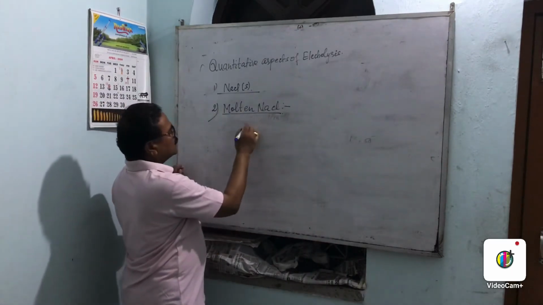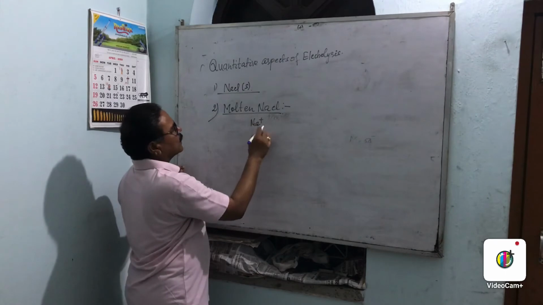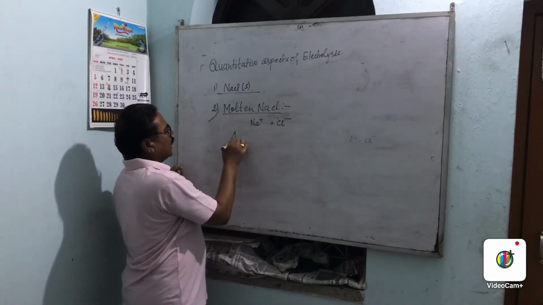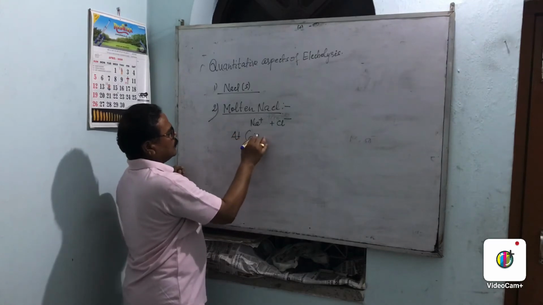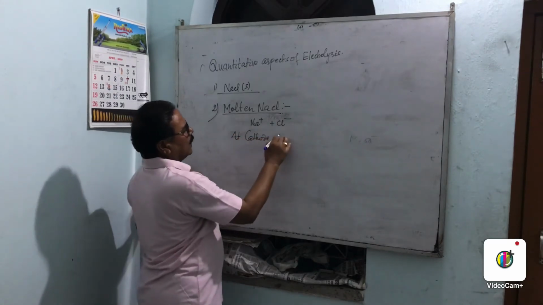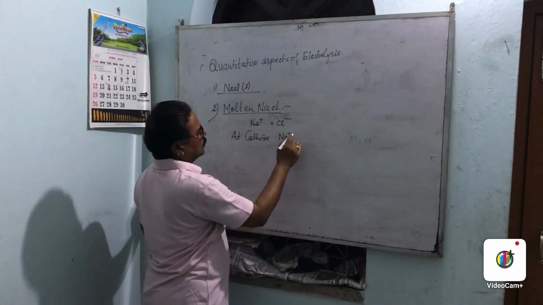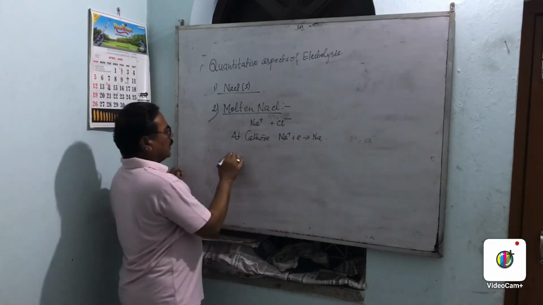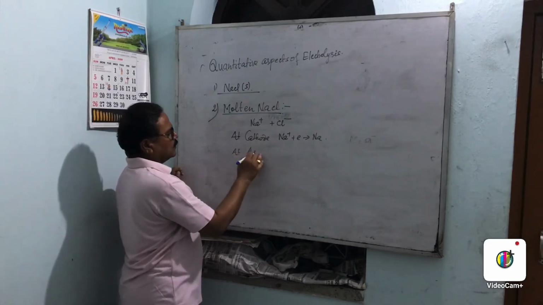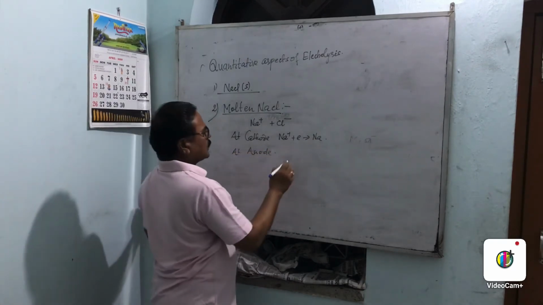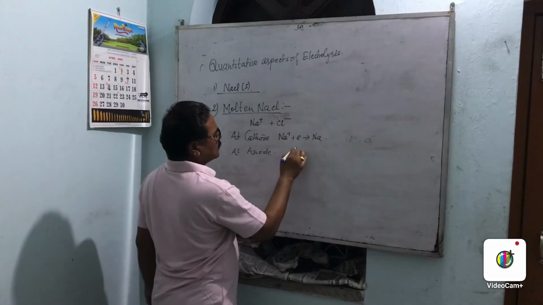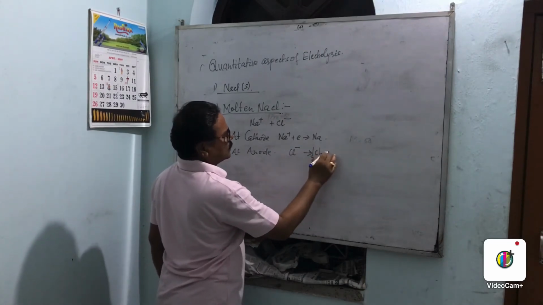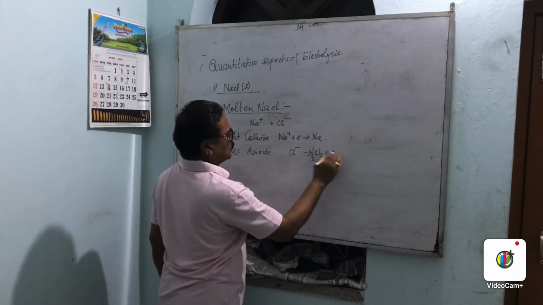This molten NaCl will break up to give Na plus and Cl minus ions. So at the cathode, Na plus will be deposited as Na, and at the anode, Cl minus ion gets oxidized to half Cl2 plus an electron.